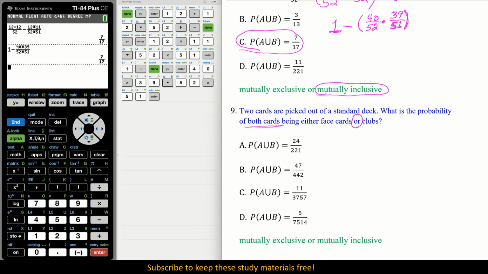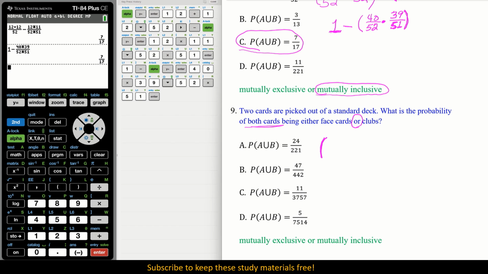So what we need to look at is we're going to have two cards drawn, and we're looking at both of them, and we have an "or" situation, so that's addition. So we need to look at the probability for both being face cards.